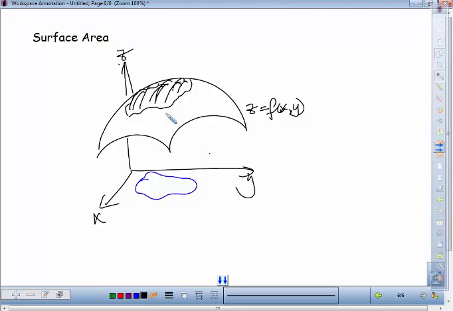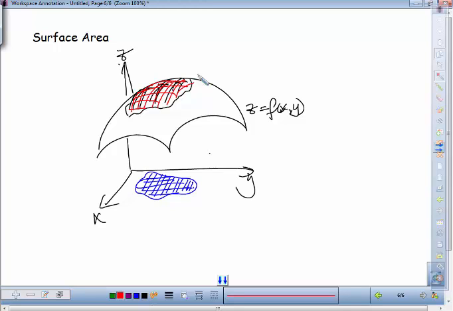So imagine cutting this up into little squares, and the easiest squares to cut it up with is just along the x and along the y. So what we're going to attempt to do is cut this up the same way into little squares.